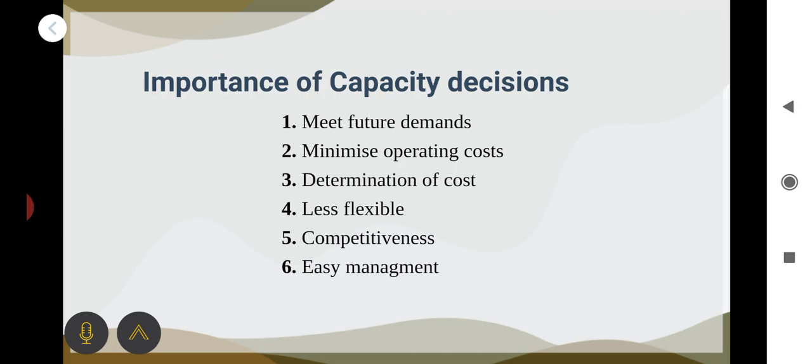To meet future demands, minimize operating costs, determination of cost, less flexibility, and competitiveness. It helps to improve competitiveness. It helps management become easy. These are all the importance of capacity decisions regarding an organization. Please go through these points. It's very, very simple.